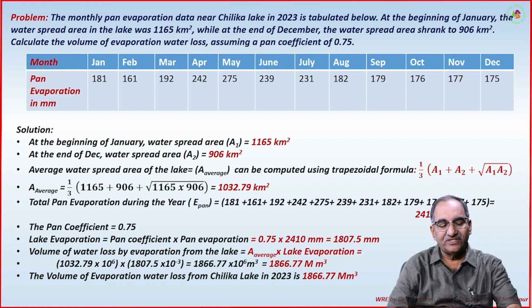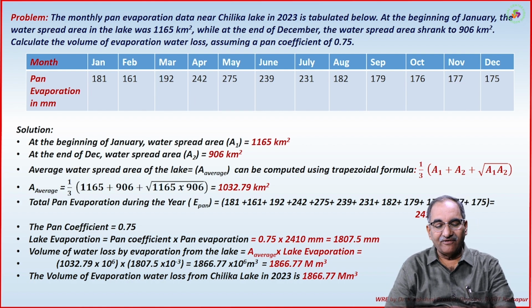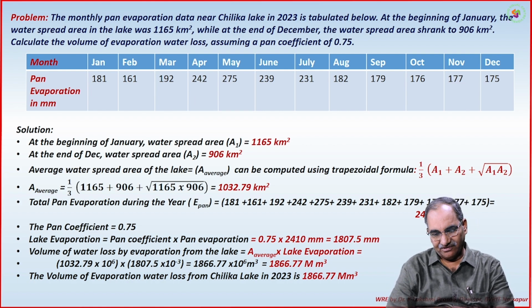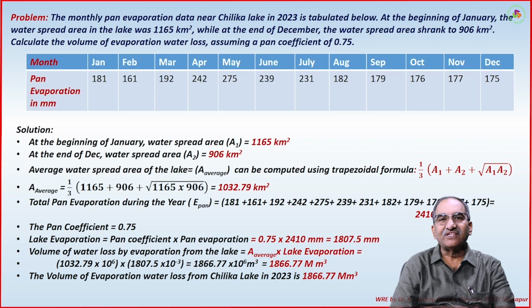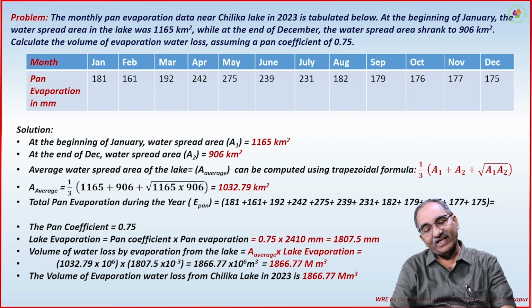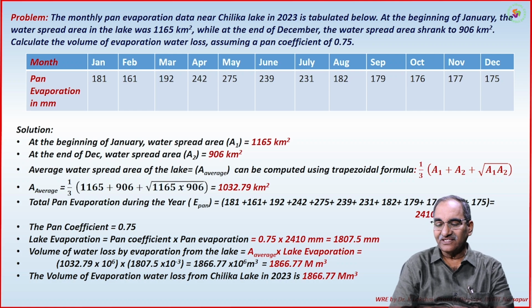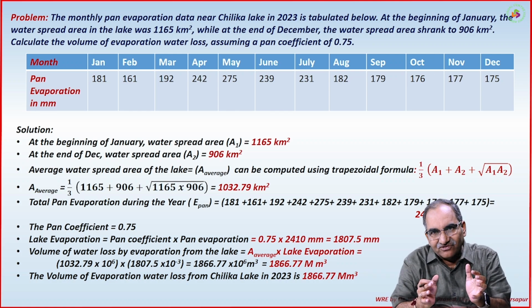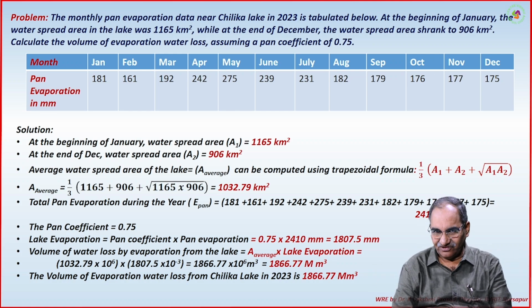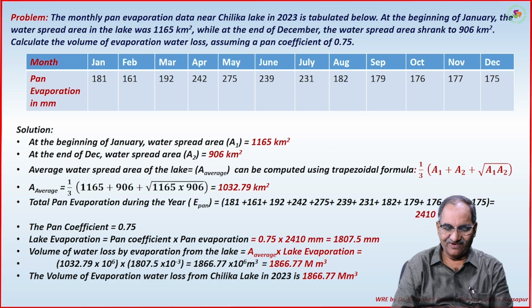Here, if you look into this problem, the monthly pan evaporation data near Chilika Lake in 2023 is tabulated below. At the beginning of January, the water spread area is 1,165 kilometers square, while at the end of December, the water spread area reduced to 906 kilometers square.